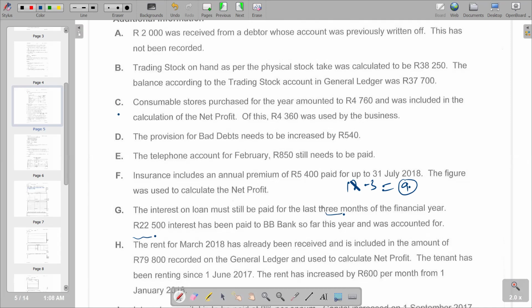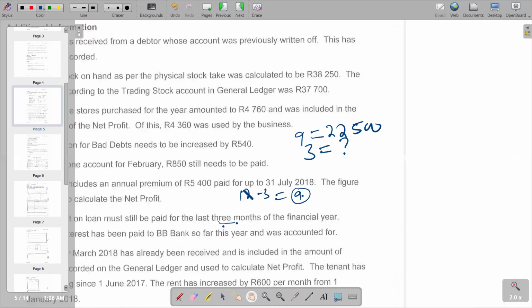Remember, interest is only supposed to be subtracted in the income statement. So to calculate, we just make a simple proportion whereby 9 months is equal to 22,500. Then what we don't have is 3 months, so we say 3 over what we have, 9, times the given figure, 22,500. So we do that, we see what we get there.